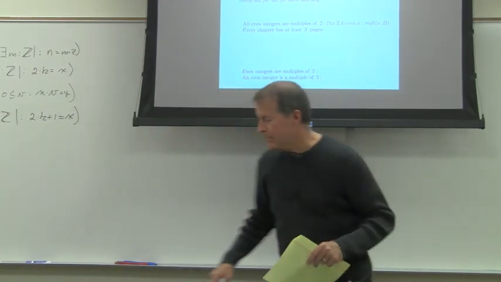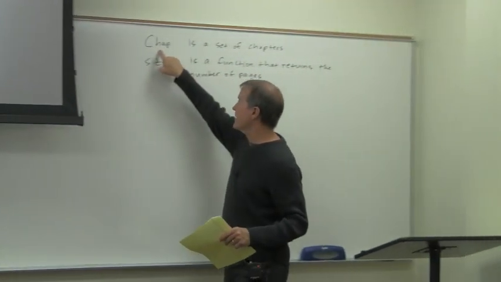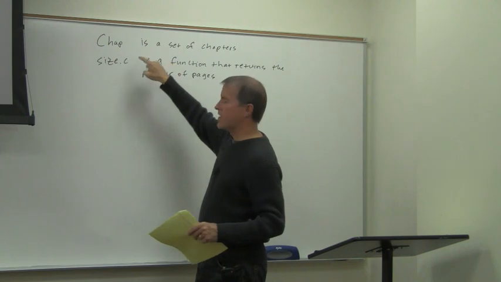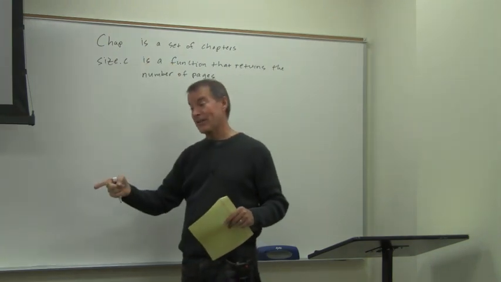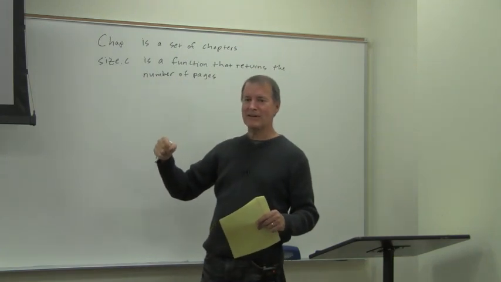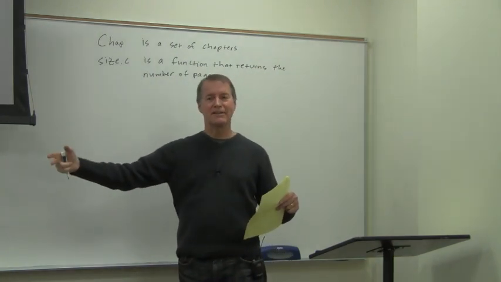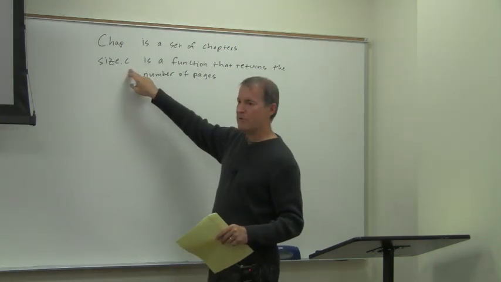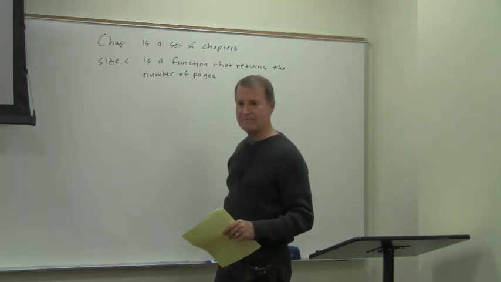So for our textbook, chap would be a set of chapters. I think he starts with chapter 0. So I think it's 0, 1, 2, 3, up through 20, right? That's the set of all the chapters. And then size.5 would be the number of pages in chapter 5. Are you with me?